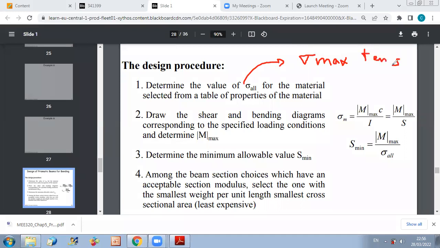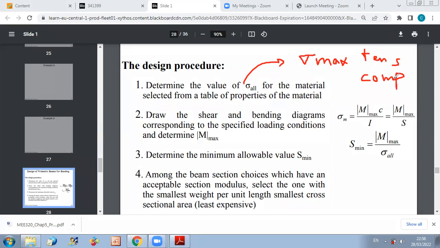So sigma allowable tension and sigma allowable compression. Then the next step will be to determine, knowing the load acting on your beam, you can draw the shear and bending moment diagrams, and you can determine the absolute maximum value of your bending moment. Now, as we discussed last time, if you have different values of C1, C2, you should also consider the maximum positive bending moment and the maximum negative bending moment to know which is the critical case.